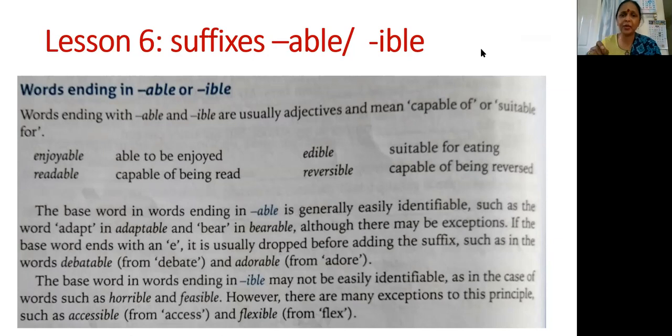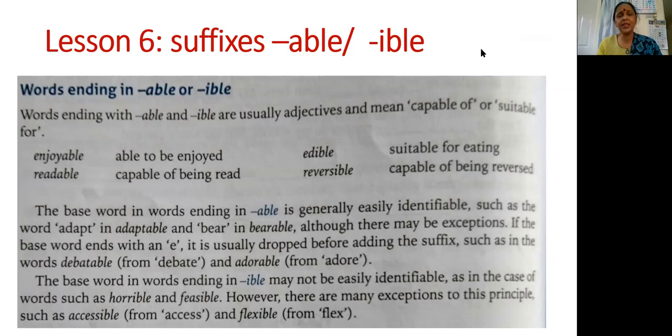Debate is the root word. That E is dropped and you have debatable. In the same way, you have adore. When you have to make a suffix with ABLE, E is dropped, ABLE is added.